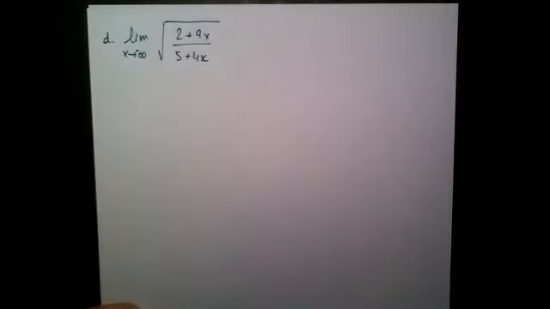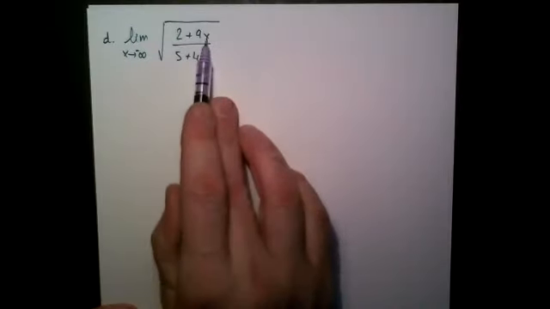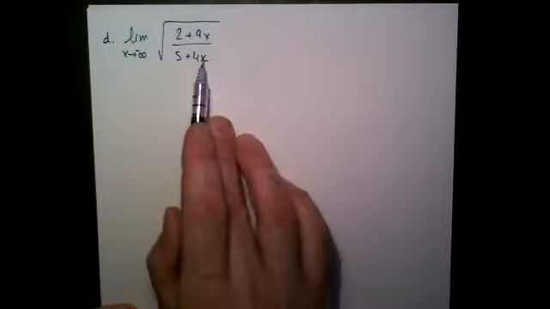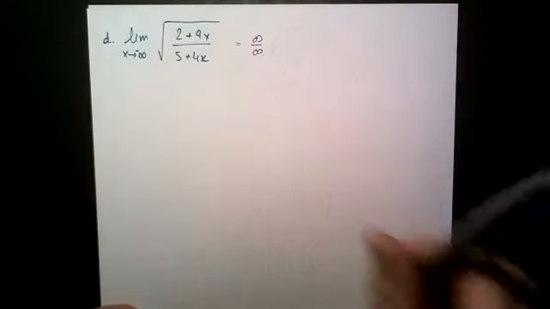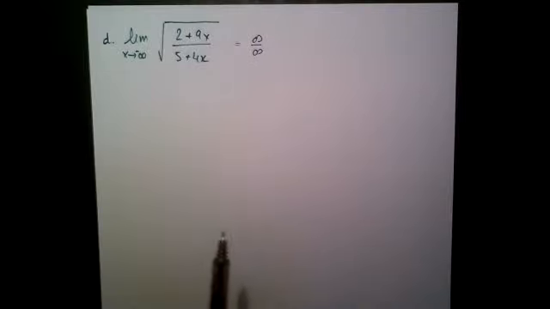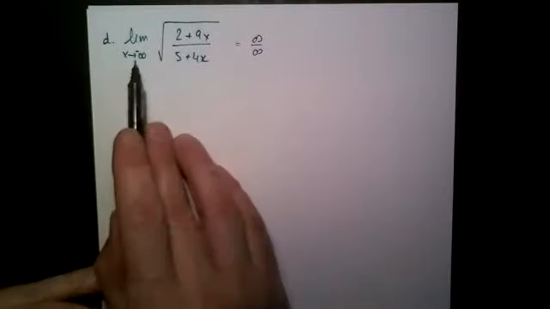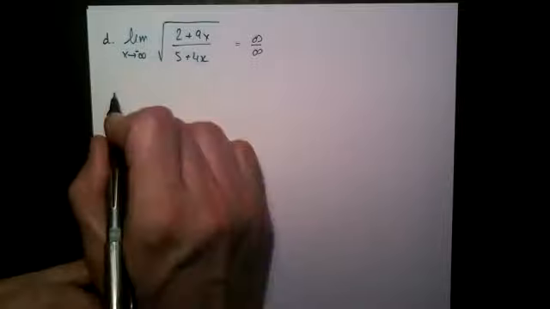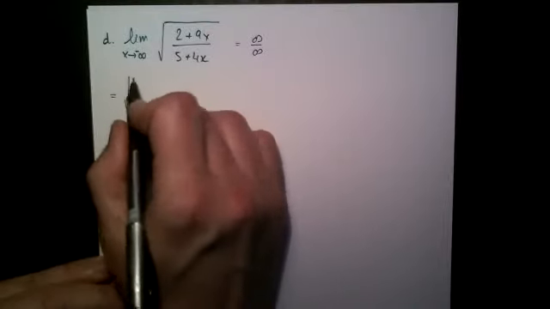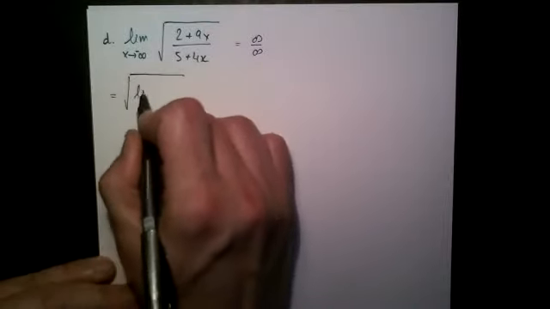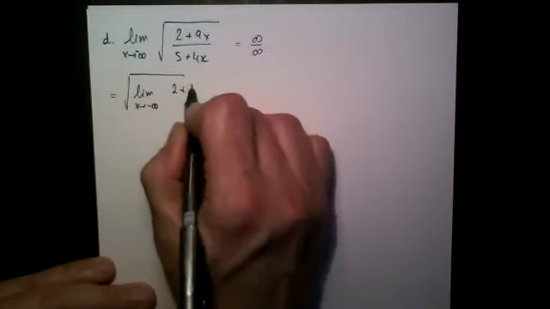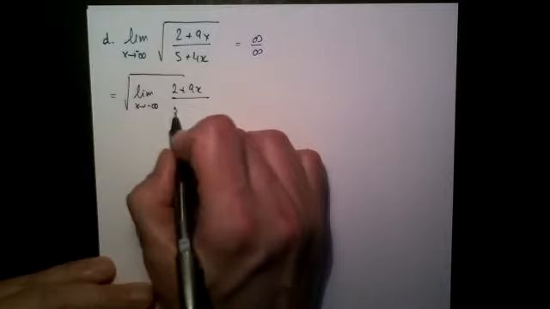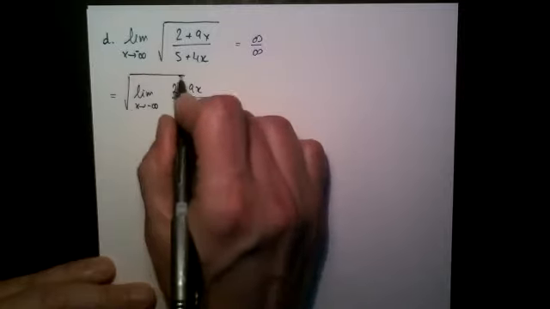So again, I plug in infinity here. Negative infinity over negative infinity is the same thing as infinity over infinity. Okay, so I could definitely use L'Hopital's rule. I'm just going to put the limit inside. So square root of the limit as x approaches negative infinity of 2 plus 9x over 5 plus 4x.